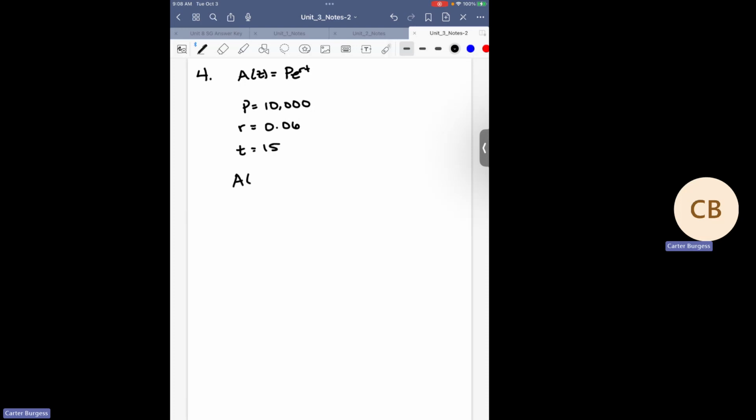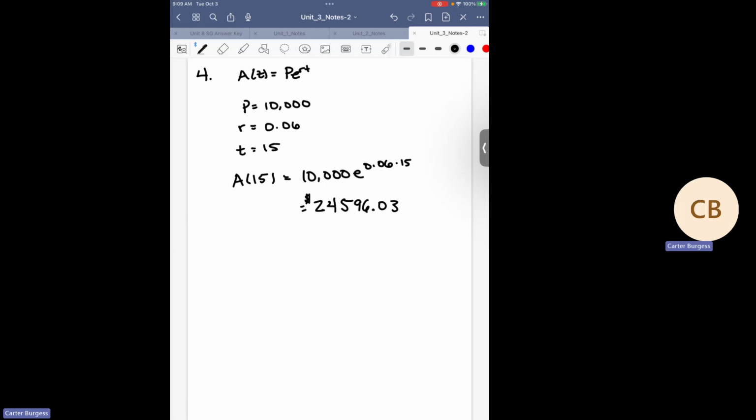So A of 15 is equal to 10,000 e to the 0.06 times 15, for which I get 10,000 e to the 0.06 times 15. I get that this is 96.03.